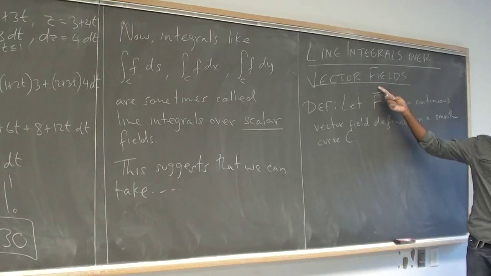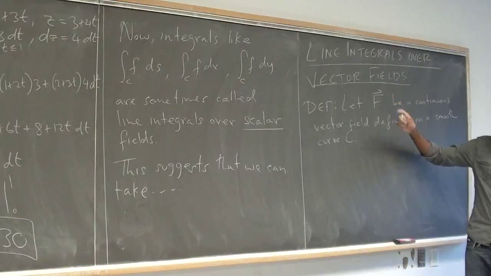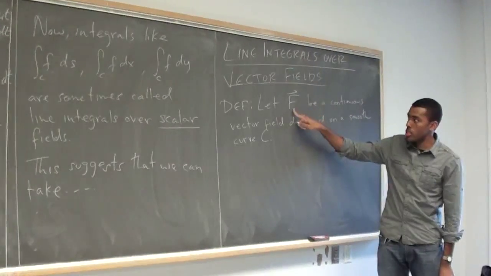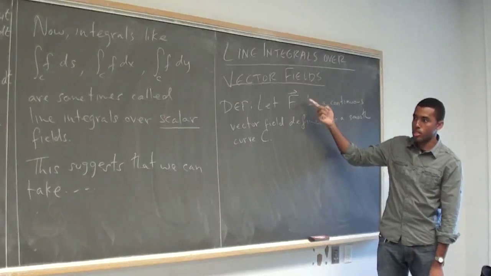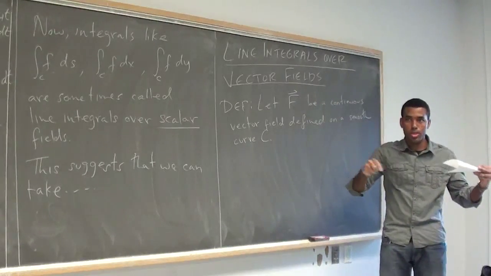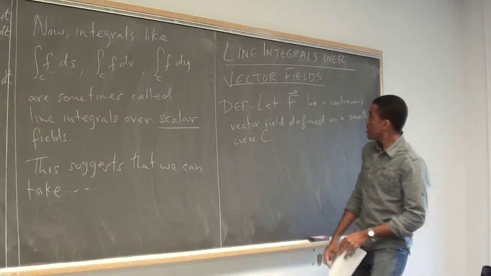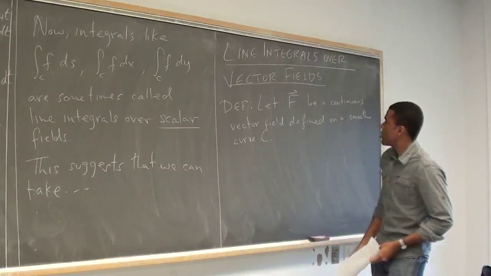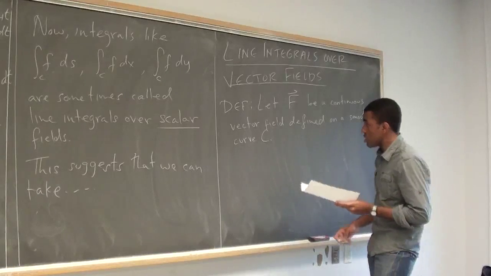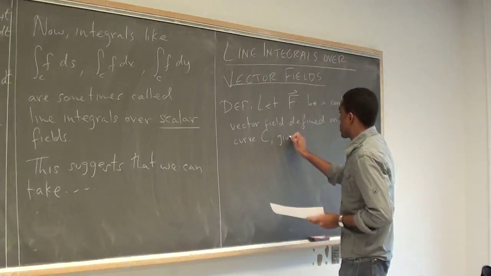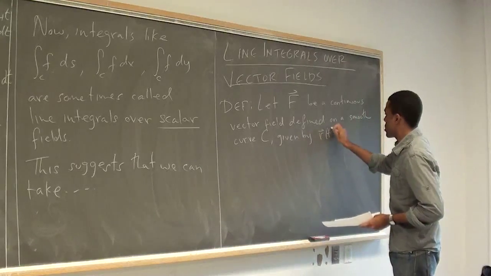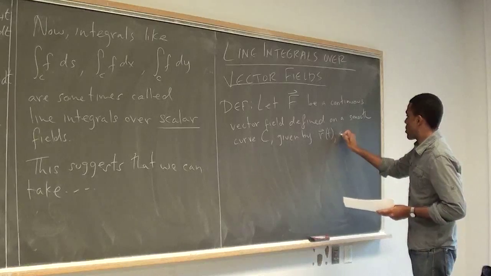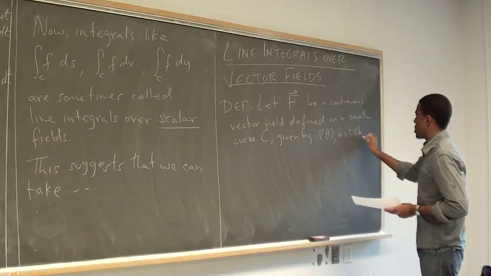Your textbook might make it a bold letter. That's how you know they're talking about a vector as opposed to a scalar. Usually when you're writing, you write a little arrow over it, and that means I'm talking about a vector field, which means your function is actually a vector now, and it has components. So we have a vector field defined on a smooth curve C, which we can parameterize. It's given by r of t, for t going between some limits.